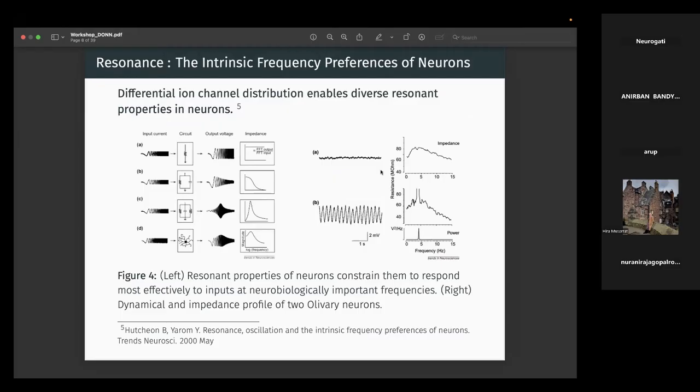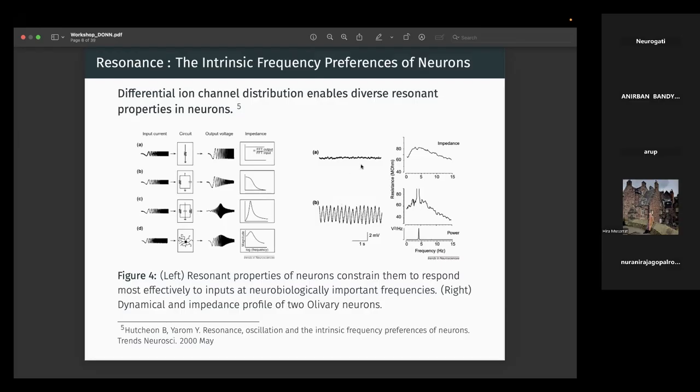I would also like to give a very fundamental idea of how frequencies are relevant in individual neurons as well. For example, on the right hand side are the activities of two olivary neurons in the inferior olive, and both of them are from the same human subject, and one is oscillating, the other is not.